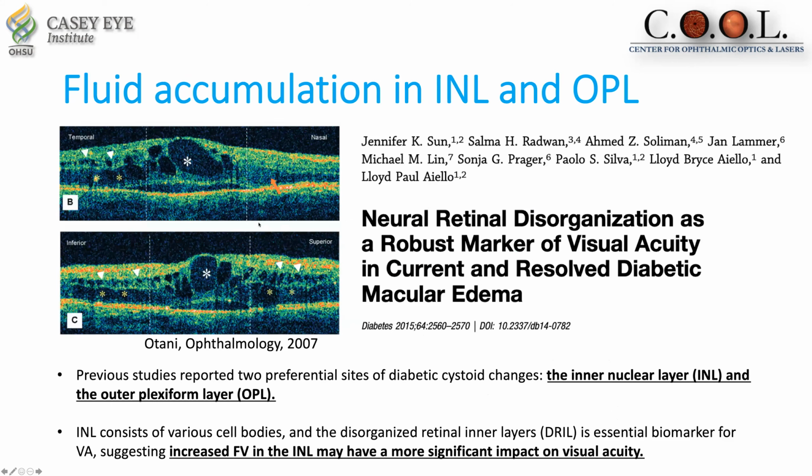Previous studies reported two preferential sites of diabetic cystic change, the inner nuclear layer and outer plexiform layer. The INL consists of various cell bodies, and the disorganization of the retinal inner layers is an essential biomarker for visual acuity, suggesting increased inner fluid volume in the INL may have a more significant impact on visual acuity.